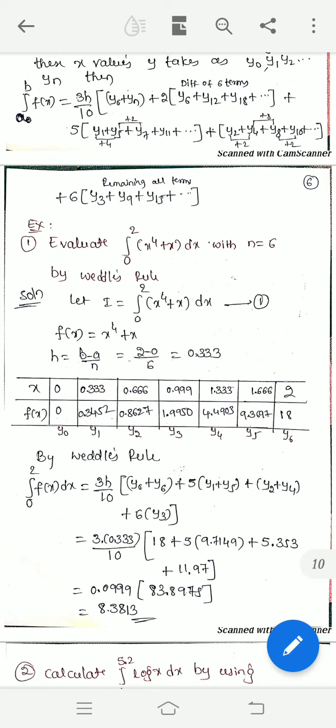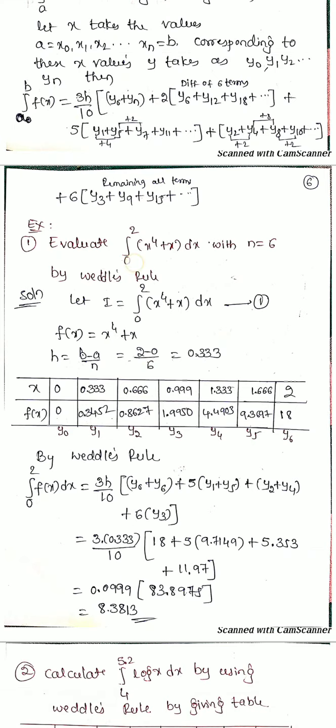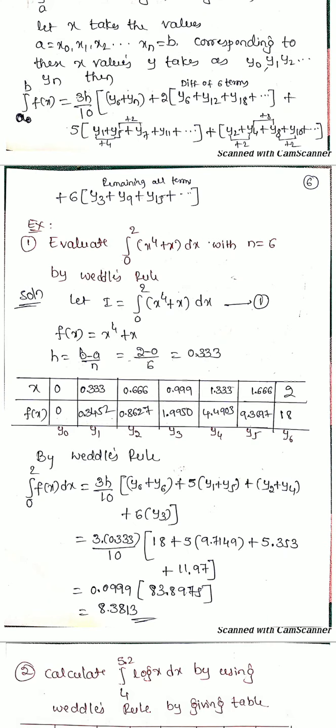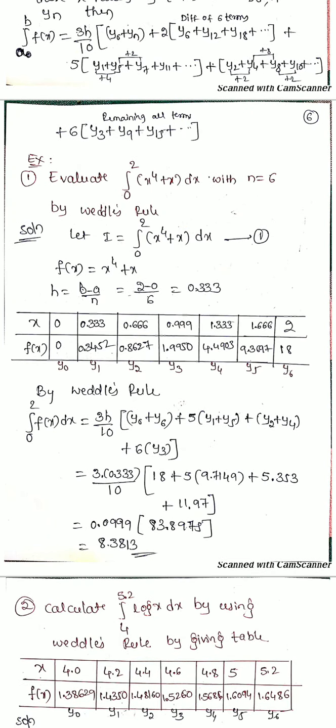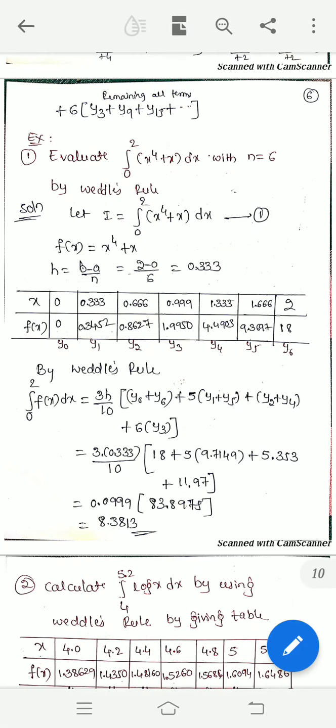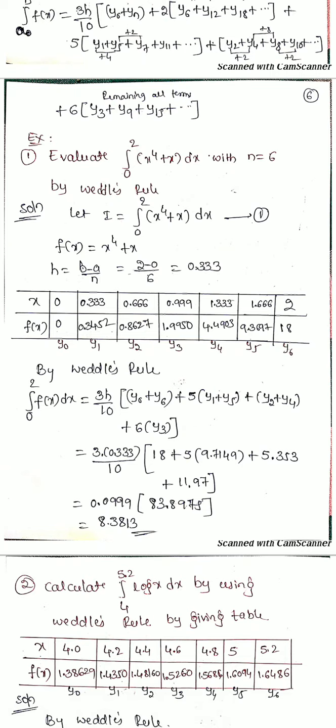Take the first example: evaluate the integral from 0 to 2 of x power 4 plus x dx with n equal to 6 by Weddle's rule. The solution: let I equal the integral from 0 to 2 of x power 4 plus x dx, call it equation 1.